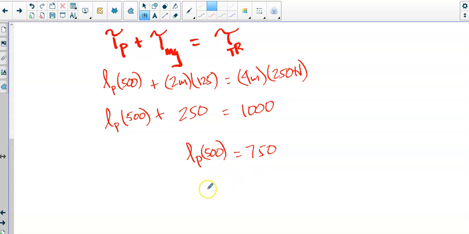Divide by 500. So I got 750 divided by 500, I get 1.5, not surprisingly. So I got the lever arm for the person is 1.5 meters from the axis.